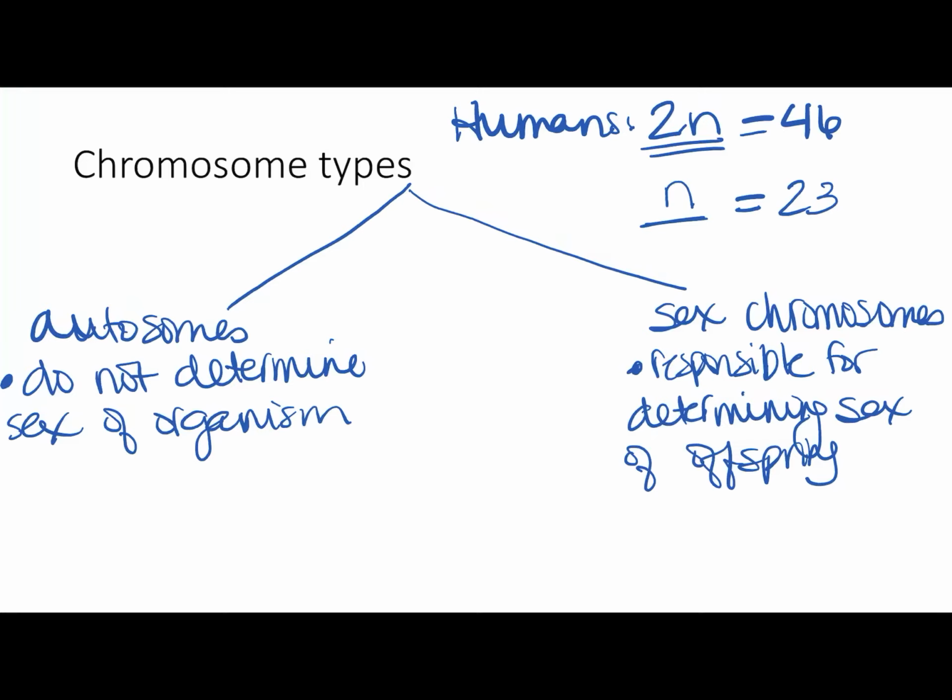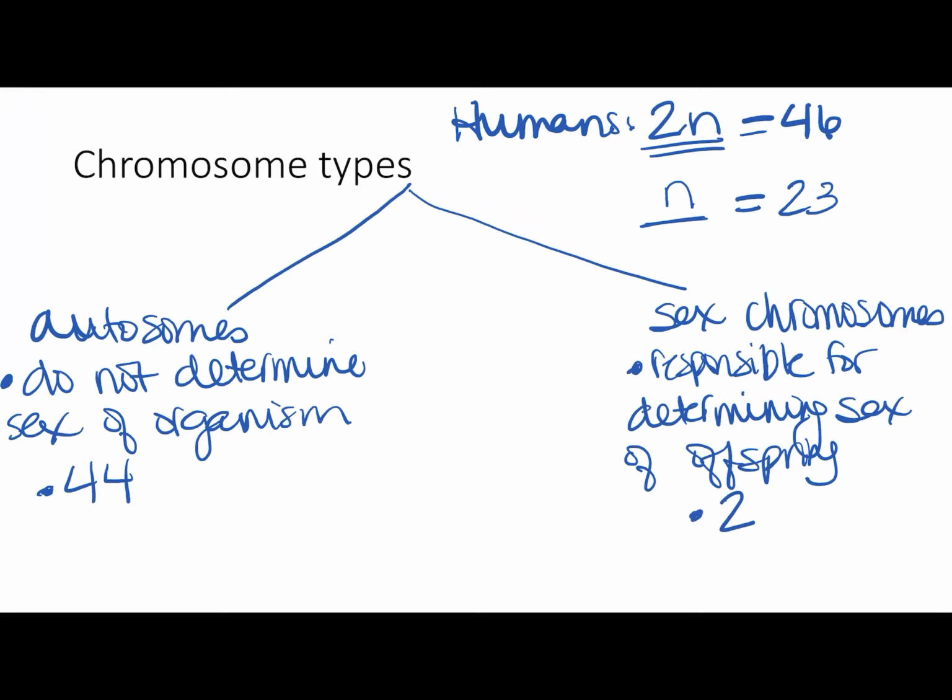Well, in our diploid cells, we have 44 autosomes and 2 sex chromosomes.